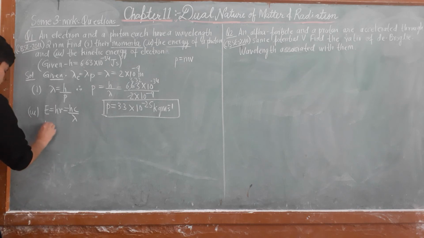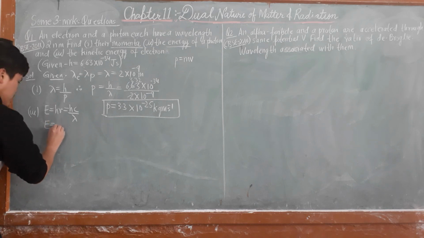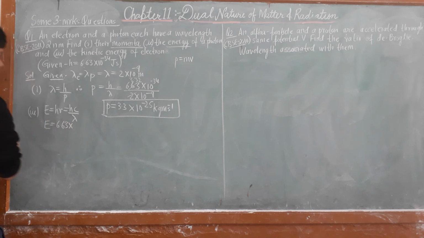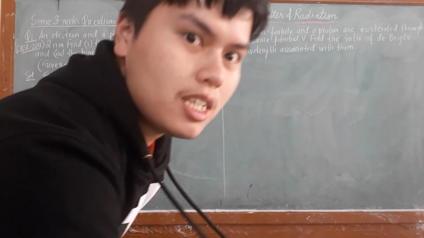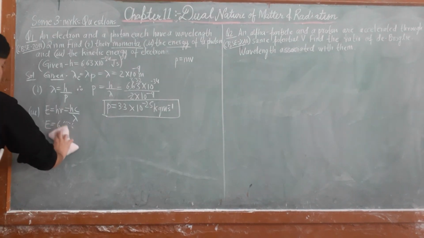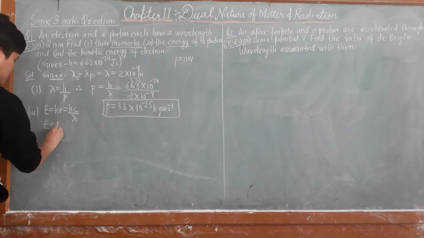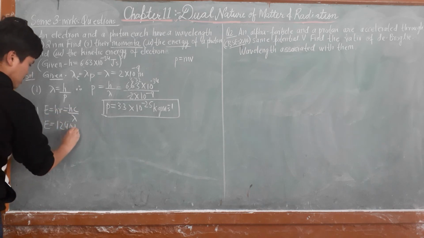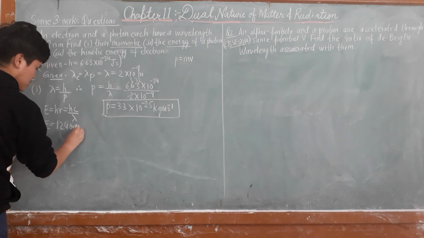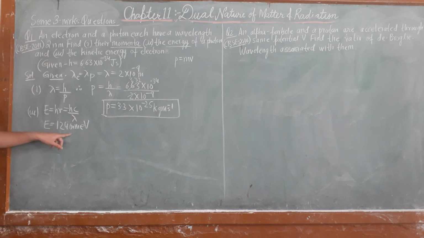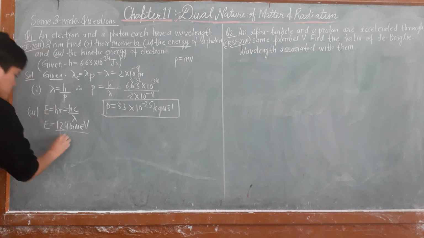There is also a shortcut: E is equal to 1240 nanometer electron volt upon lambda, where lambda is in nanometers.